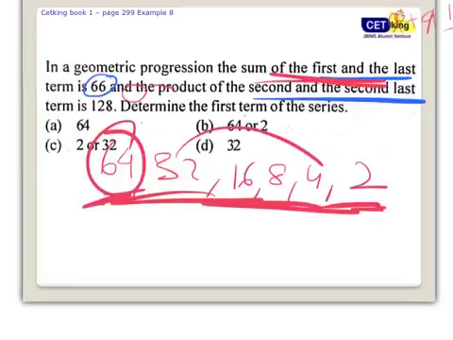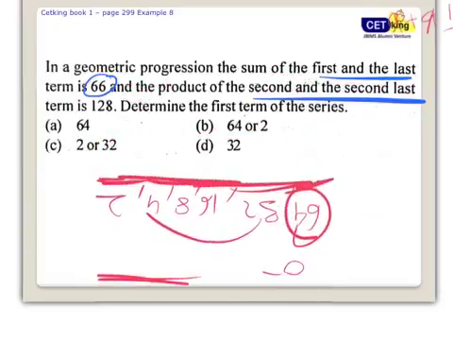If 64, 32 is one series, इसका उल्टा which is 2, 4, 8, 16, 32, 64 will also be the series. So 2 is also a possible start. तो दोनों possible है. तो 6 टर्म भी हो सकती है. So 2 ways, either use the formulas or options.